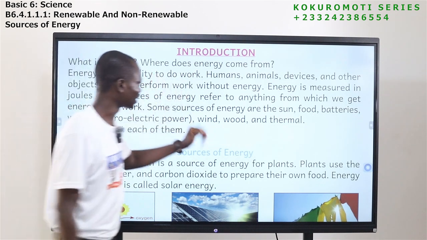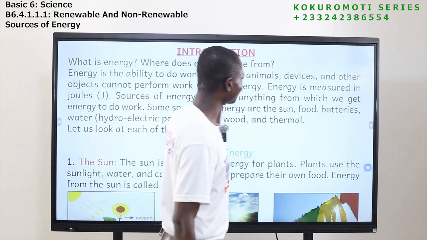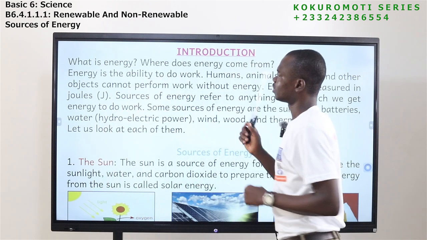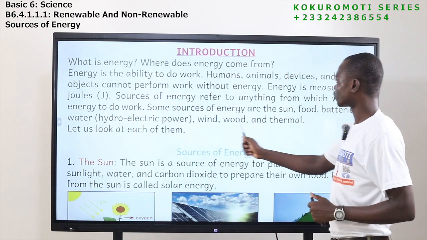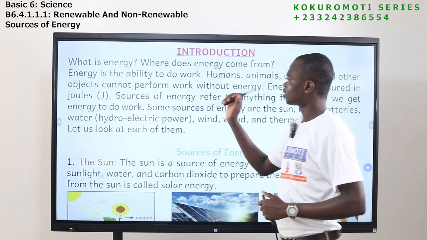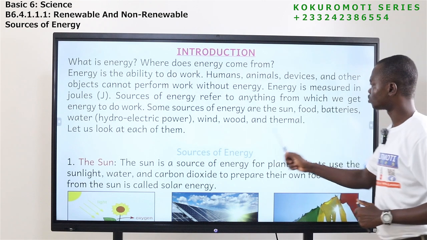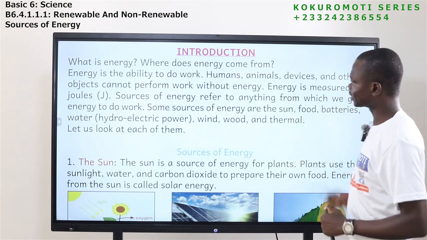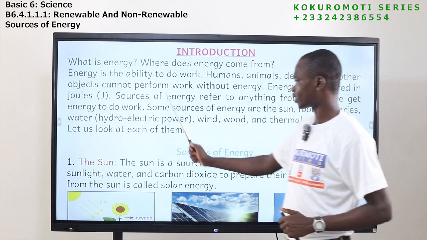Energy is the ability to do work. Humans, animals, devices, and other objects cannot perform work without energy. Energy is measured in joules. Sources of energy refer to anything from which we get energy to do work.